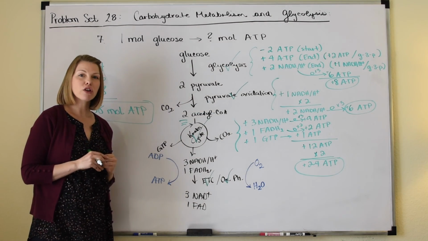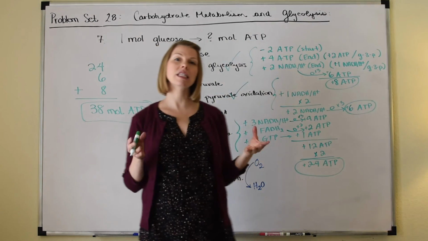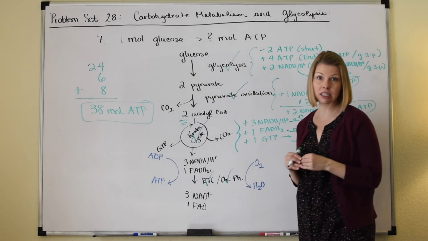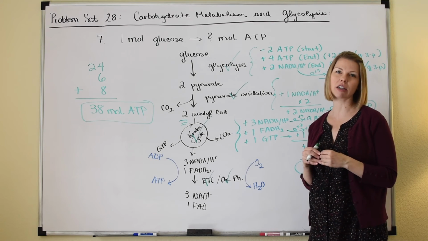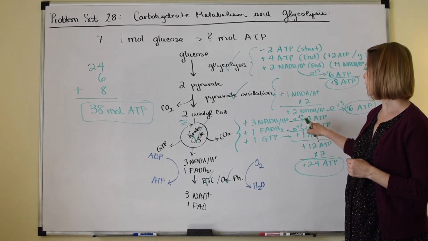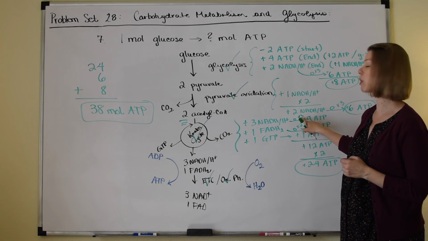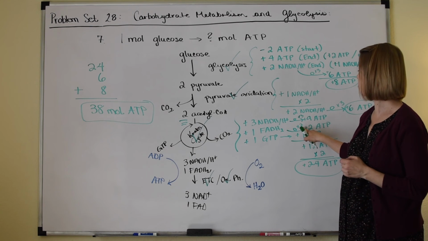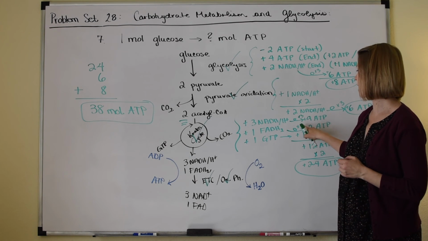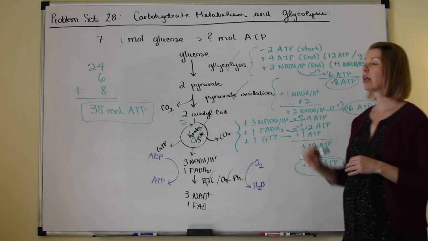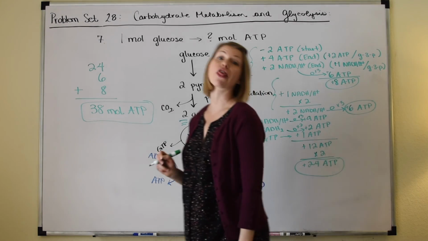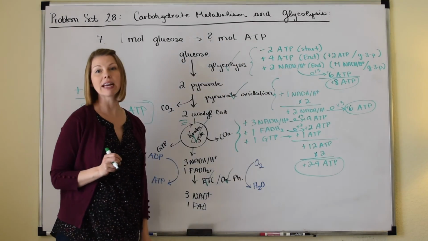Last but not least, and then we will be done with this problem set. If your instructor or your textbook uses the actual yields from the electron transport chain and oxidative phosphorylation, then they will be multiplying by 2.5 and 1.5 instead of 3 and 2. That will make your answer come out to 32 moles of ATP.